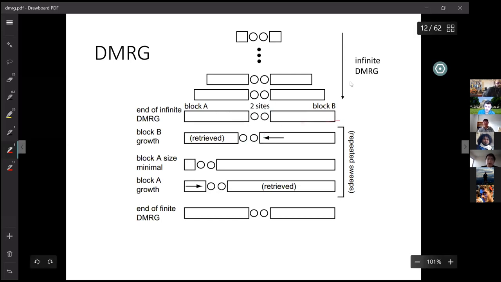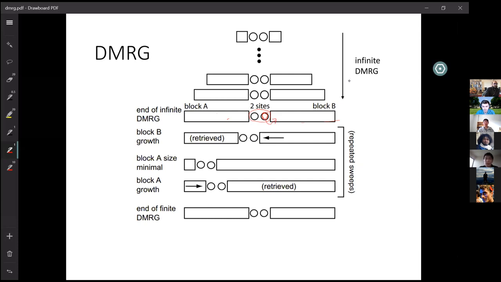The way we do this is we first pick the center two sites and form this kind of full system. We do the exact diagonalization and find the wave function. Then, similar to before, we want to absorb this site into the right-hand side block.